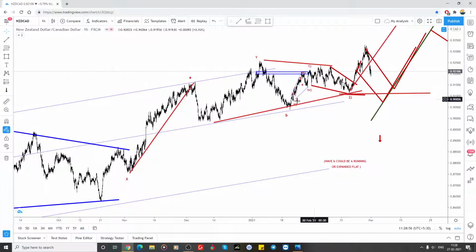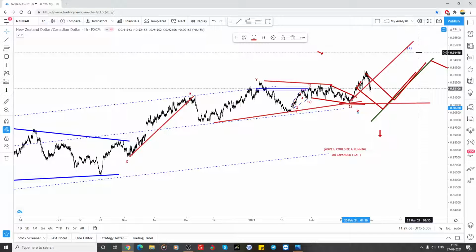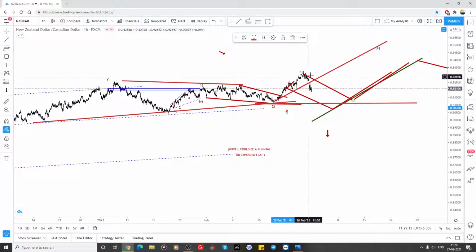So if this is an A, B, C, D, E, if it is a triangle of the B, so C has to make like this. Or if it is an A, B, and C, I'm not so sure about what it's doing.